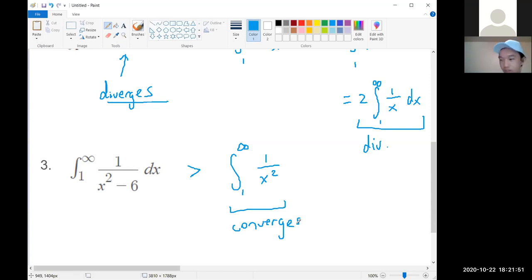Because the comparison should be greater than the original. Yeah, I mean, that's a weird way of wording it, but yeah, I guess you're right. So yeah, it's greater than a finite number. So being greater than a finite number doesn't guarantee you to be finite or infinite. Yeah, if this was divergent, then we could say the original is divergent, but we cannot.